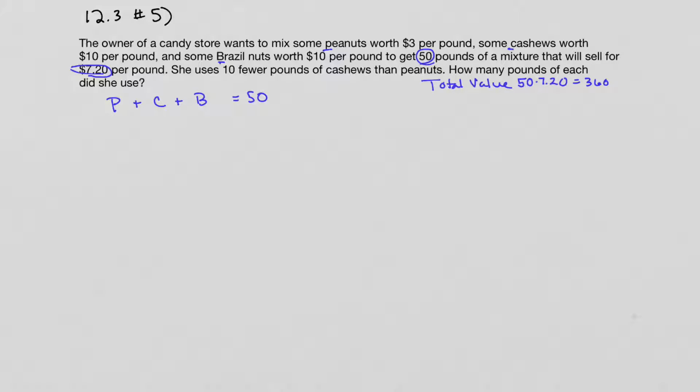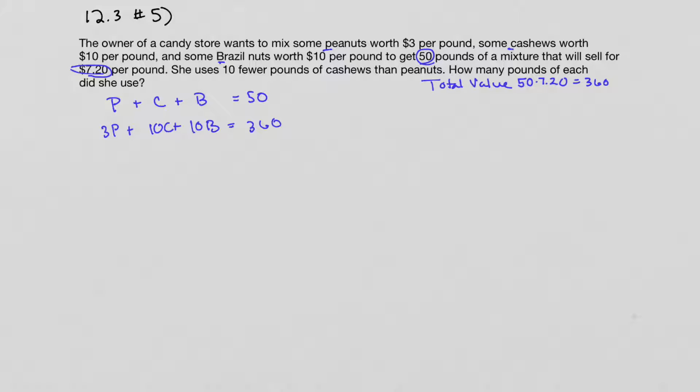So we want all of this to be worth $360. So we take the value of the peanuts, they were $3 a pound, plus the value of the cashews, they were $10 a pound, and the value of the Brazil nuts, $10 a pound. And after we multiply each pound times the value that it is, when we add that all up, it needs to come to $360.